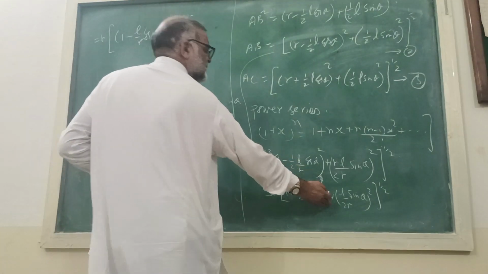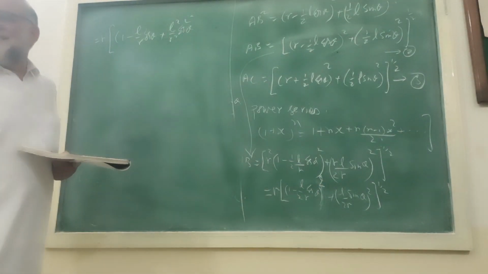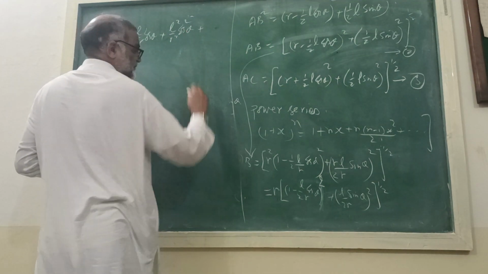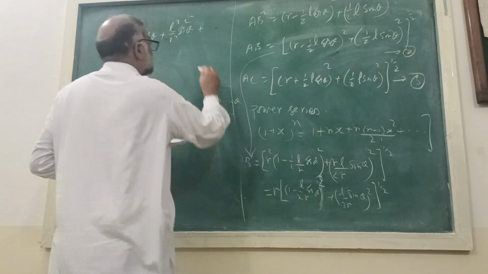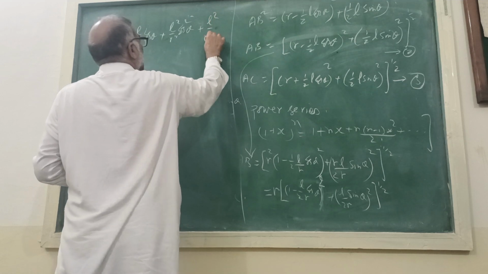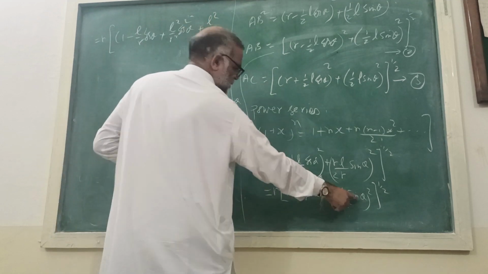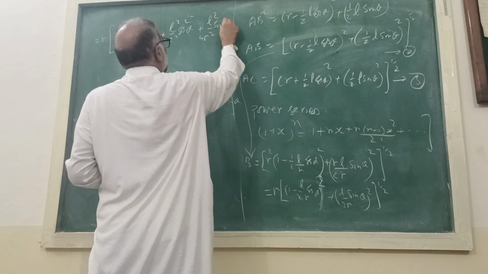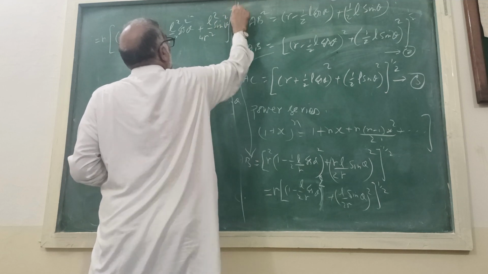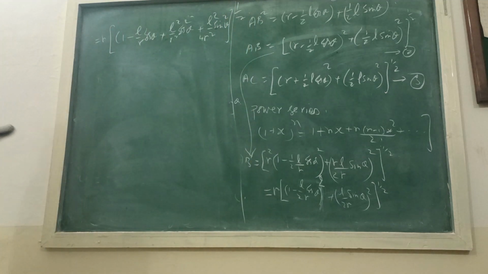Similarly, this one will be L square by 4R square cosine square theta, to the power 1.